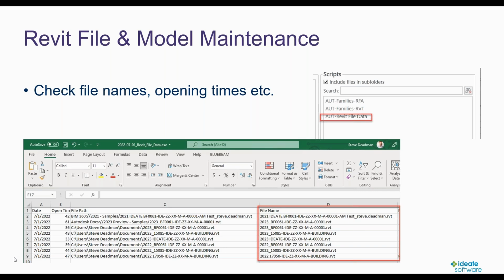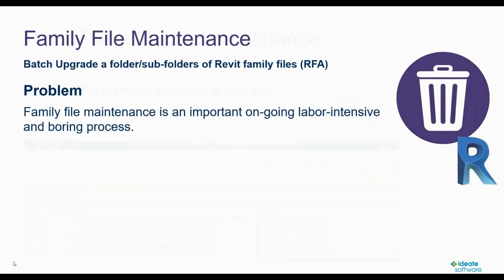So family file maintenance, again, is a very, very labor intensive process. It was something on my to-do list at previous roles, and it stayed at the bottom because it was just going to take me far too long to do.